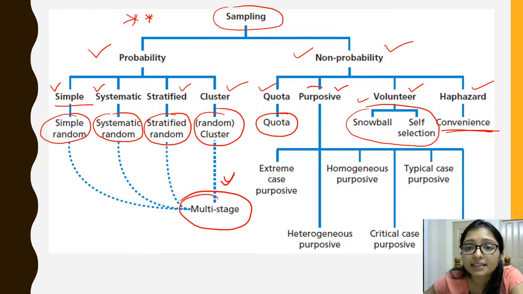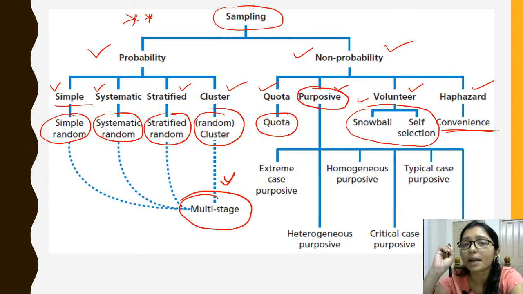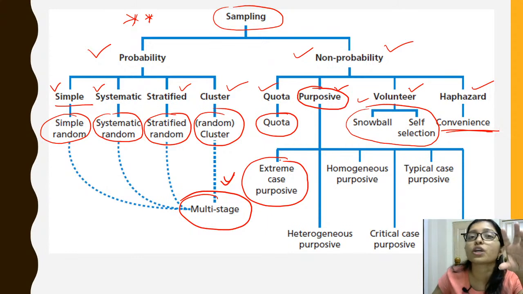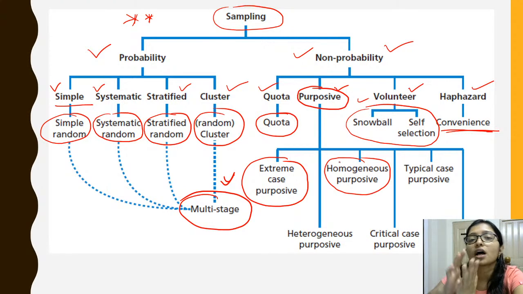And here purposive. Purposive means you have some purpose. Purposefully you are selecting something, that is extreme case purposive, means exactly specific to your case you are selecting the data, that is extremely purposive. And homogeneous purposive means there are two things, that is homogeneous and another is heterogeneous.